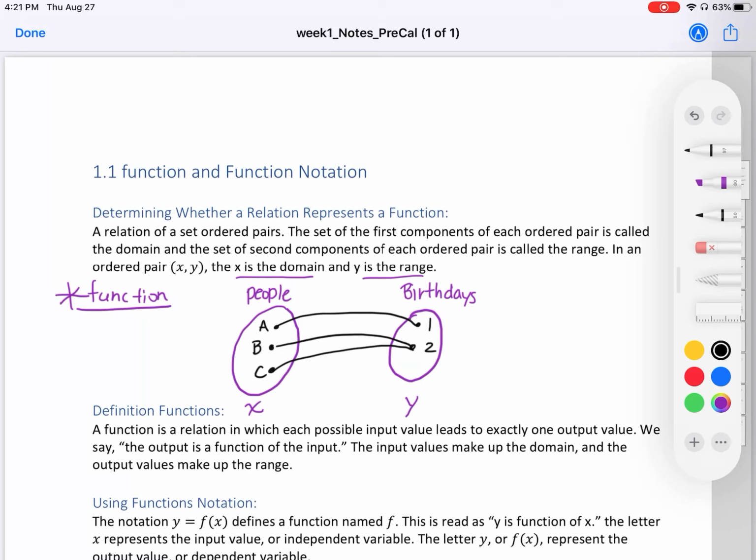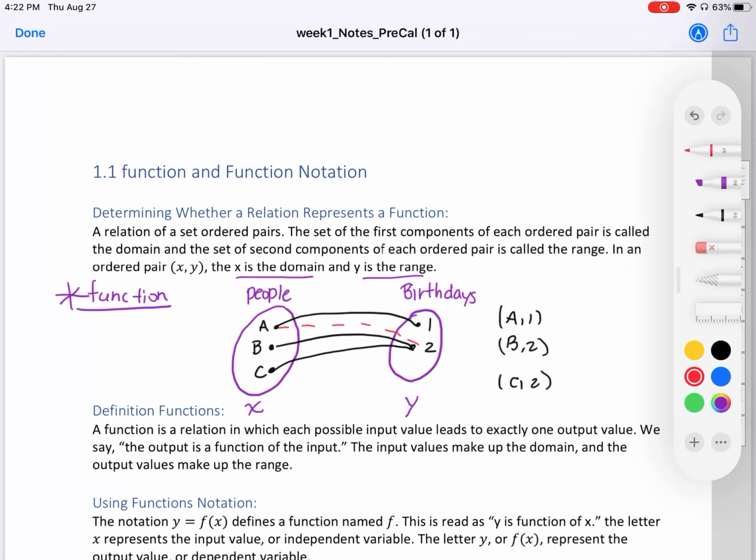Two people can have the same birthday. That's totally possible. So far, if we write this as points, we have (A, 1), (B, 2), and (C, 2). But let's say person A is funny and says, oh wait, I also have a birthday on the 2nd. Does that make sense?